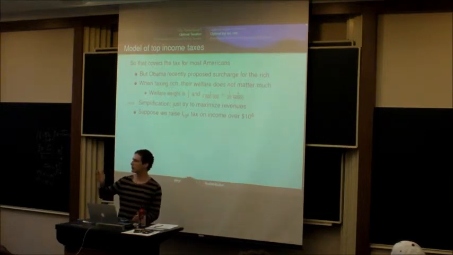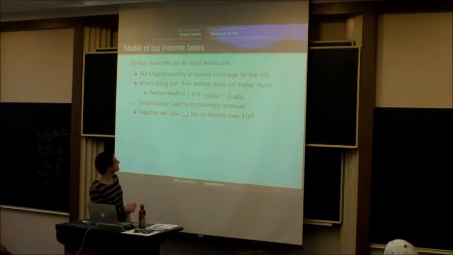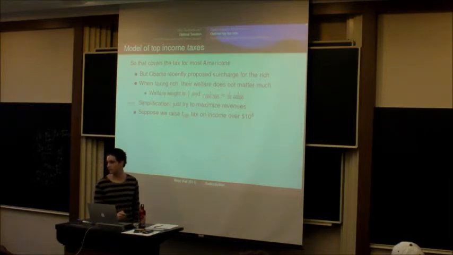We can just say, what tax would we put on these guys that would maximize the total amount of revenue we earn? It's just like a monopoly problem, right? So let's call T sub 10 to the 6th the tax on incomes above $1 million.